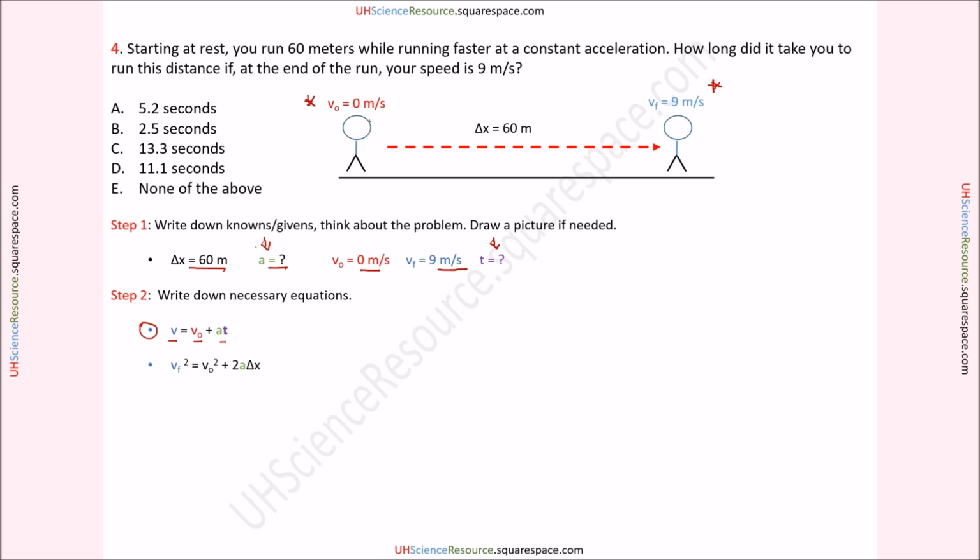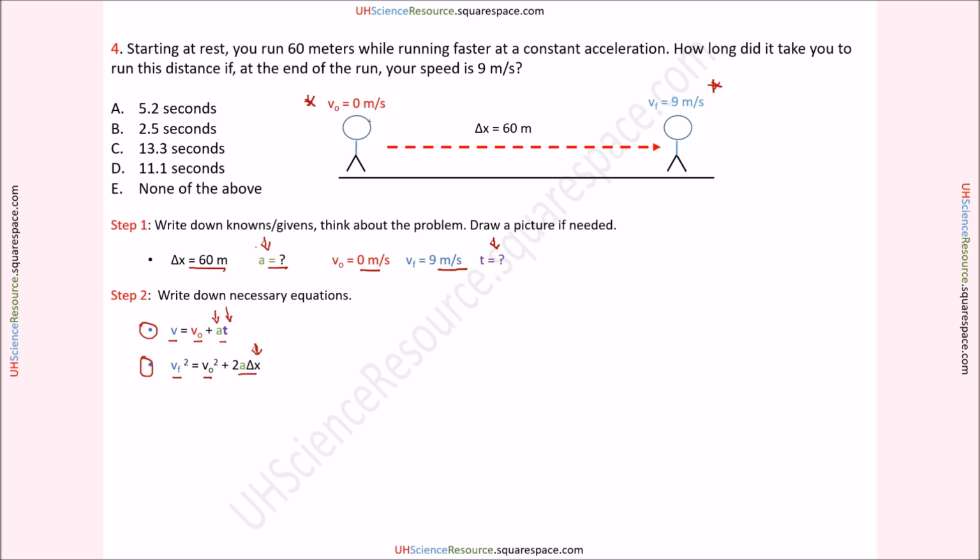However, we don't know the acceleration and we don't know the amount of time. So there's another equation that we can use, and that's going to be our final velocity squared is going to equal the initial velocity squared plus 2 times the acceleration times the displacement.